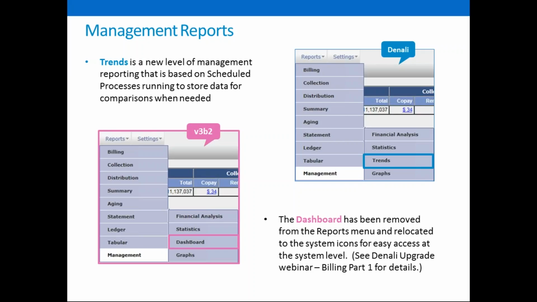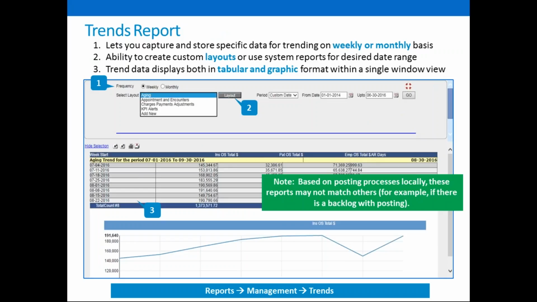The trend reports are based on a scheduled process that runs automatically in the background, weekly and monthly. There are 2 scheduled processes that have been added. If you decide to run any of these reports, again, you've got some that are included with your upgrade by default, or you have the ability of creating your own custom ones.